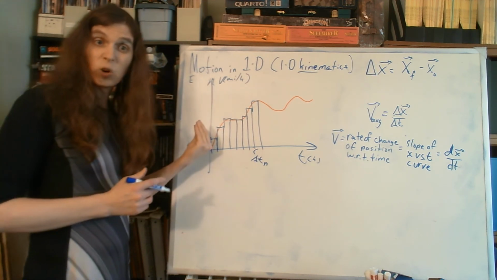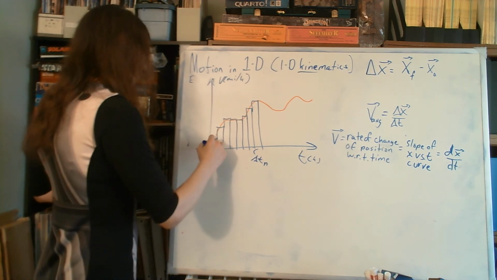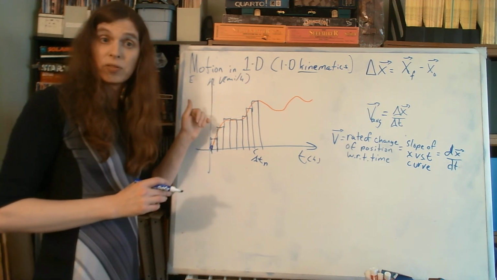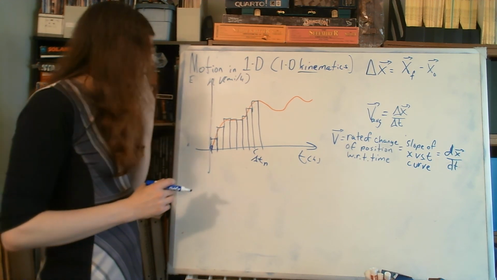If we made those narrower and narrower, then it would be a lot closer to the area underneath the whole curve.